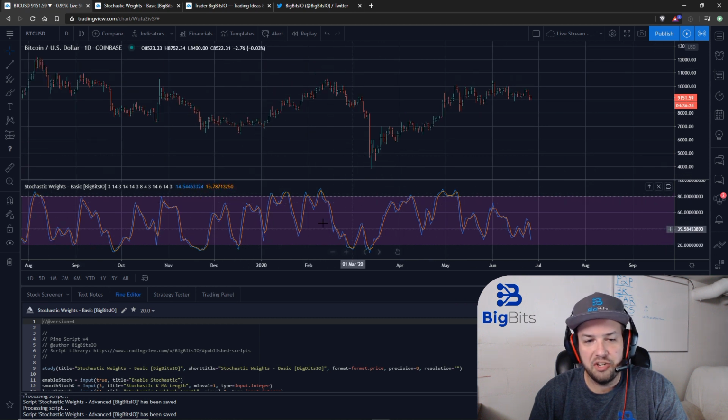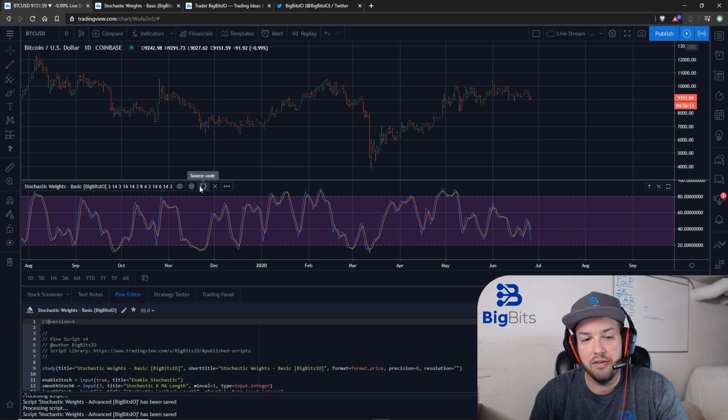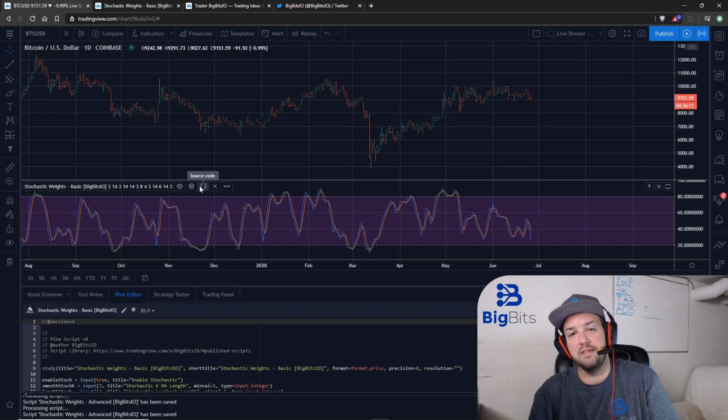They are pretty jagged lines, but I think it does a pretty good job of helping you find when things go above the upper bounds and below the lower, and potentially finding an entry. I think it's better than just simply using one or the other, and I also think it's better than trying to look at both of them separately.